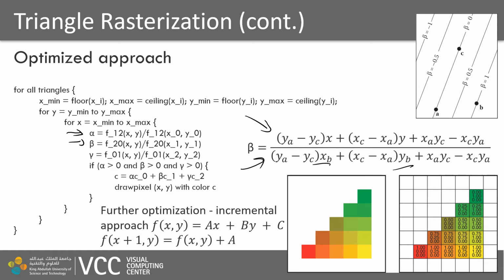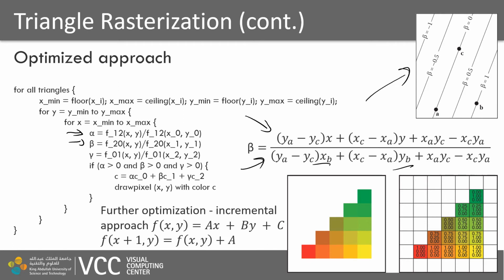And here we have all these three barycentric coordinates calculated from these various lines. Hopefully you still remember the image where we explained this concept from the math lecture from a few days ago. So once all these three weights are higher than 0, that means that the point is inside the triangle, and we will draw that point or pixel with the respective interpolated color.